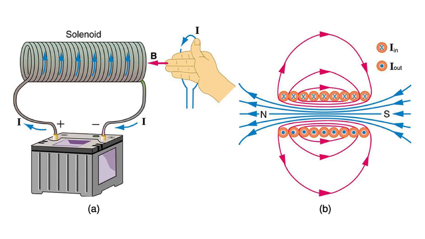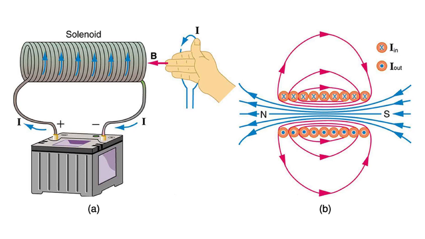That means that inside the magnetic field is from right to left, and that's reflected in those blue field lines that go through the middle. Now you've got other field lines, and what you want to remember is that the field of a solenoid is kind of like the field of a bar magnet.